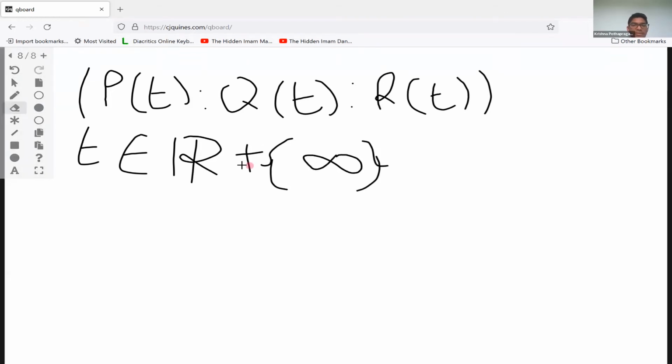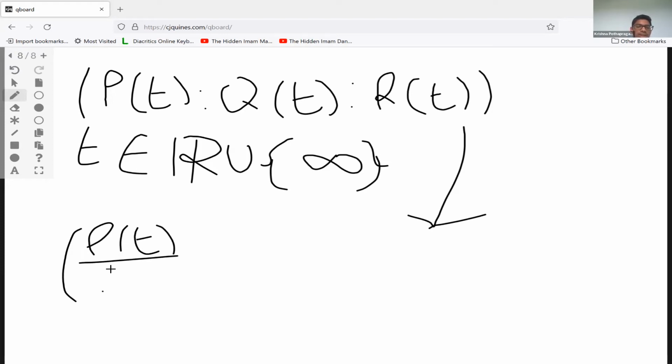So we will also say that t can be at infinity, and the way we allow that to be well defined is we're going to divide.